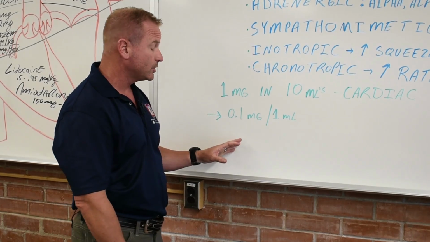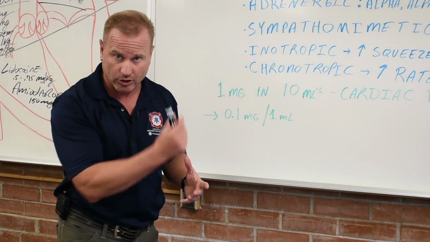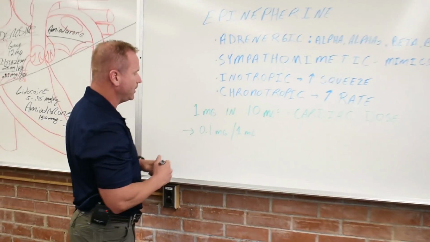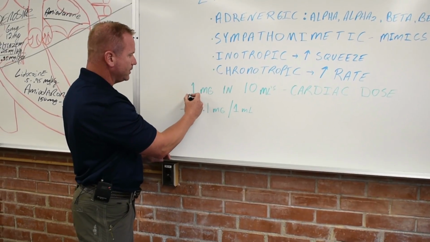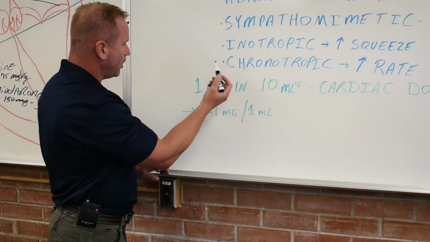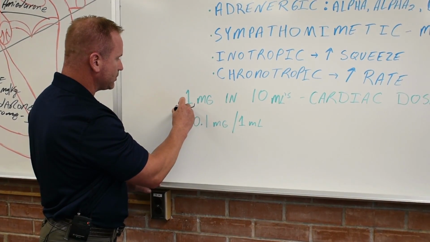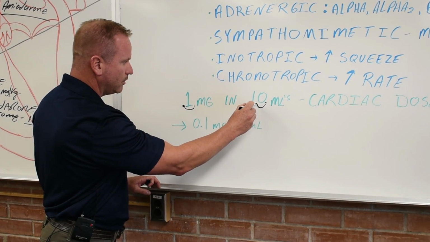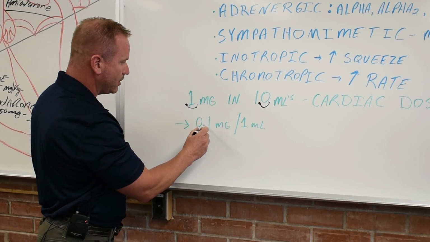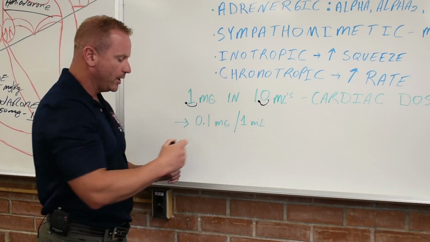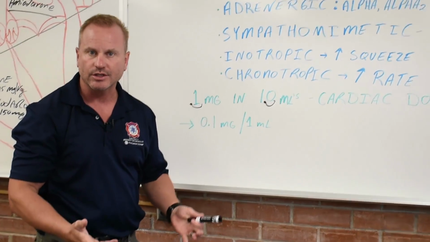And this is where it's really simple. Most of the time the drug vial will just tell you. Just look beneath the name here. And so if it's 1 in 10, then all I'm doing is moving my decimal place, 0.1. So I have 0.1 milligram in 1 mL, or 1 cc.